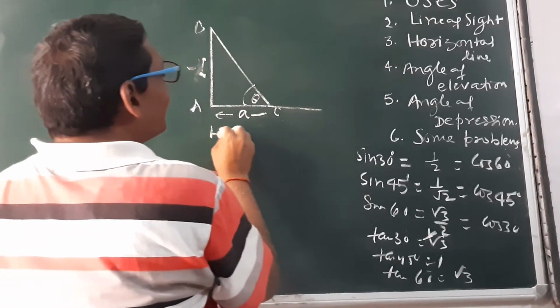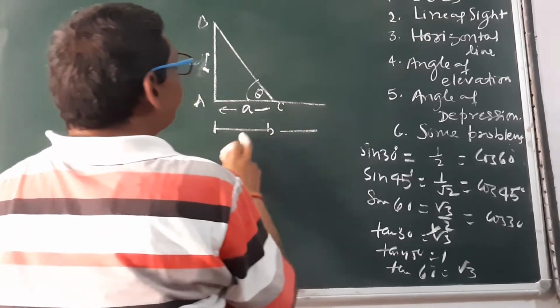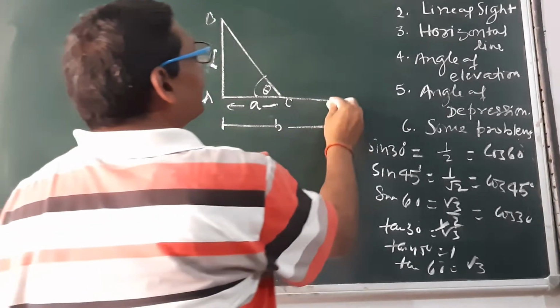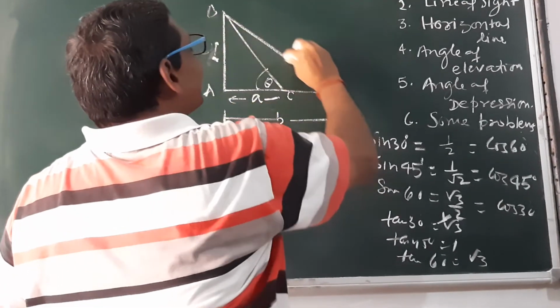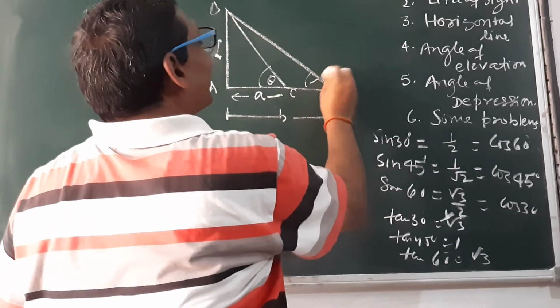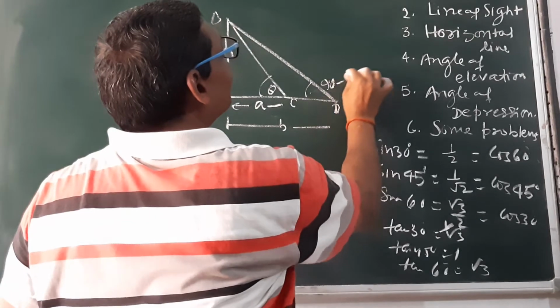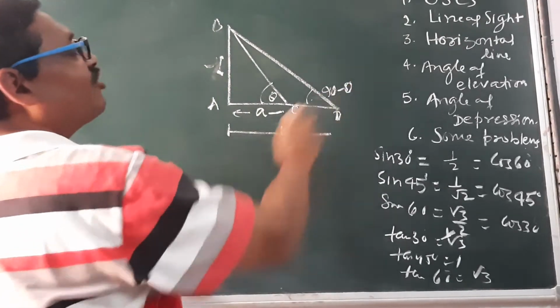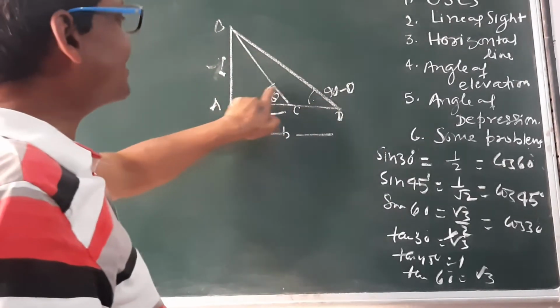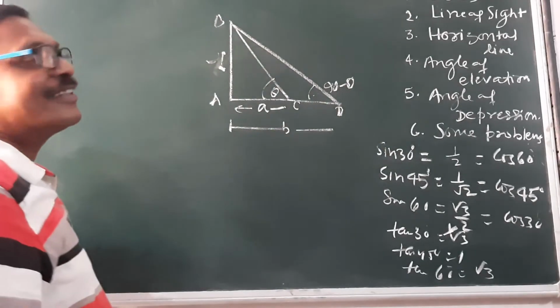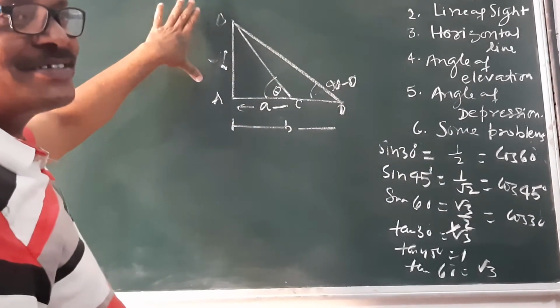If he goes b meters from the foot of the tower to D, then he observes the angle of elevation of the top of the tower to be 90 degree minus theta, the complement of it. Then we have to find the height of the tower.